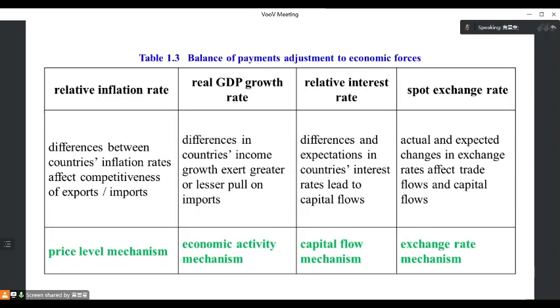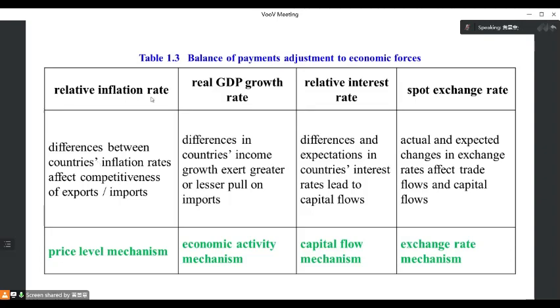Let's see table 1.3, balance of payments adjustment to economic forces: relative inflation rate, real GDP growth rate, relative interest rate, spot exchange rate.